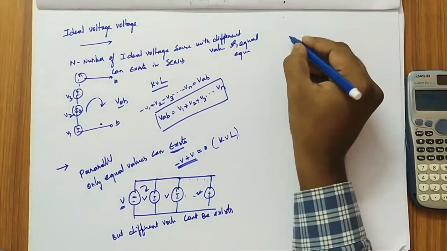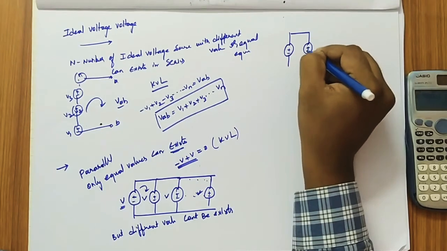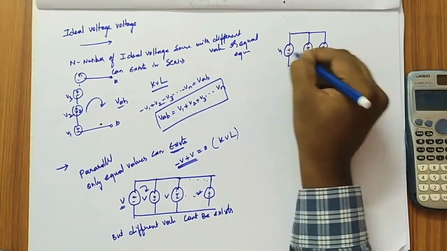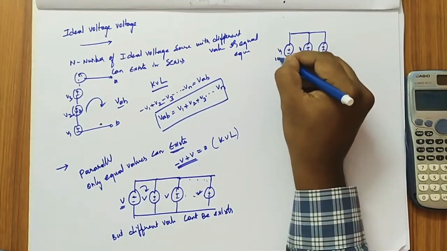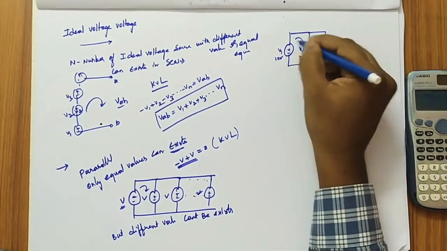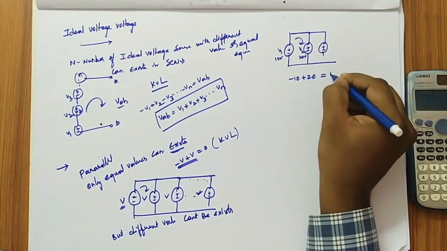If you connect different values, that is V1 of 10 volts and V2 of 20 volts, and apply KVL inside this loop, that is minus 10 plus 20, you are getting 10 volts.